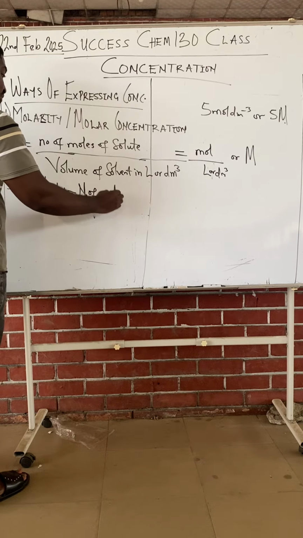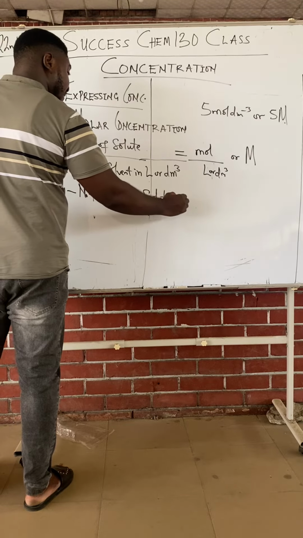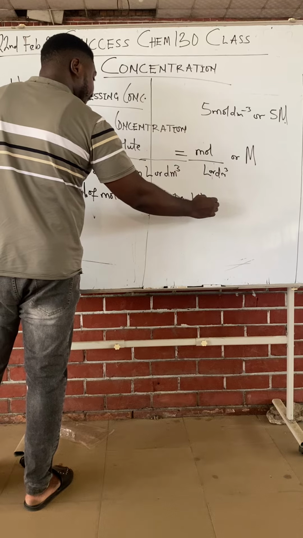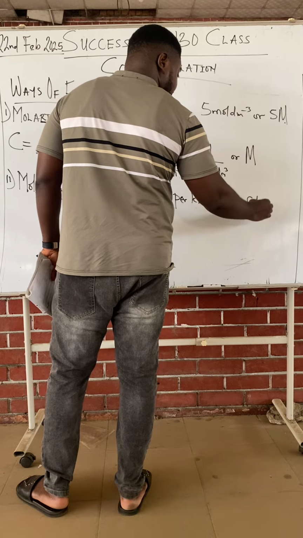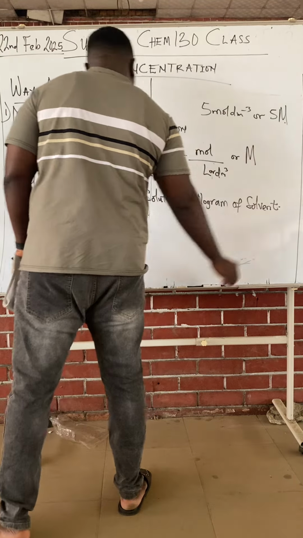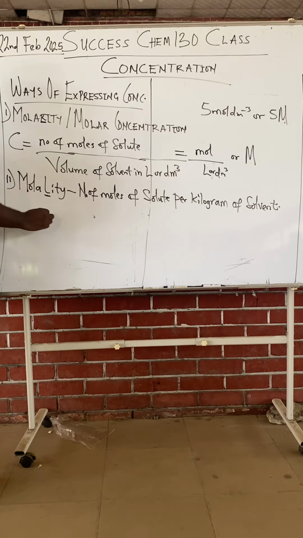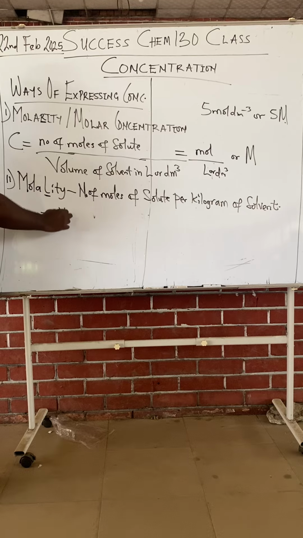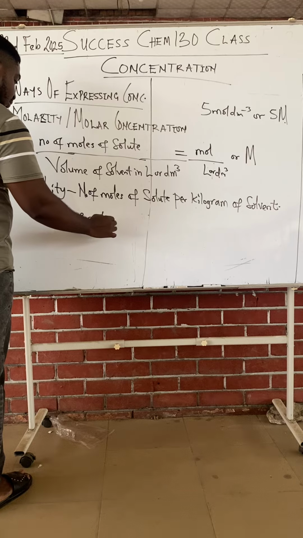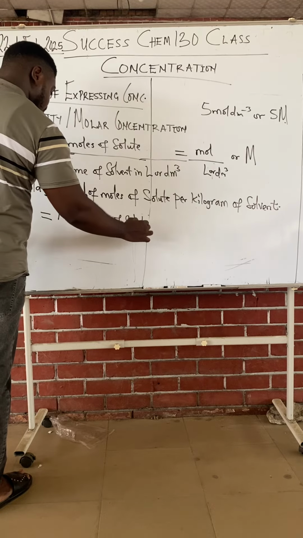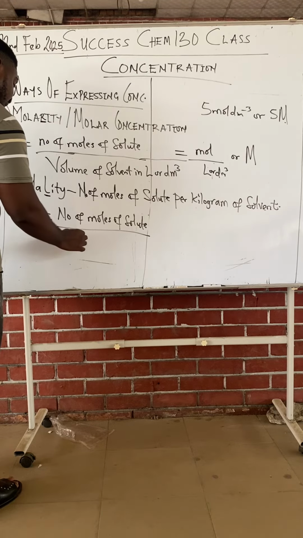Number of moles of solute per kilogram of solvent. So what that means is that the formula for molality will be number of moles of solute all over mass of solvent in kilogram.